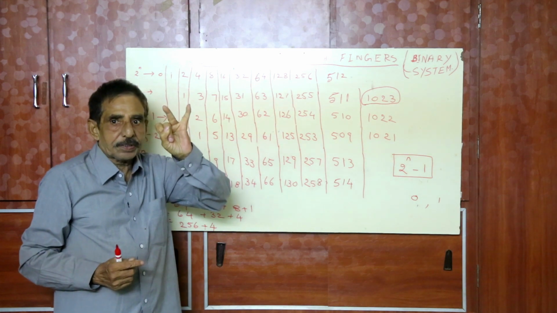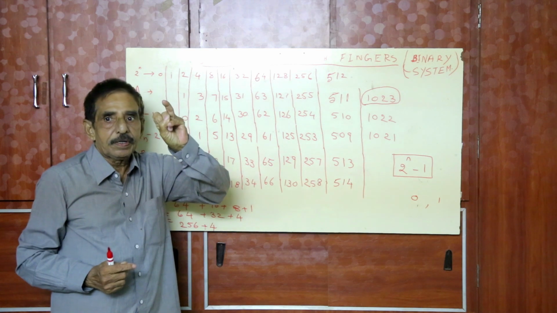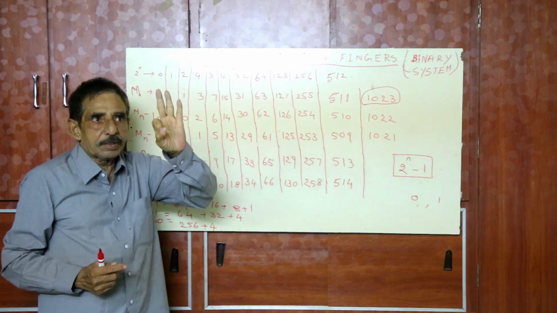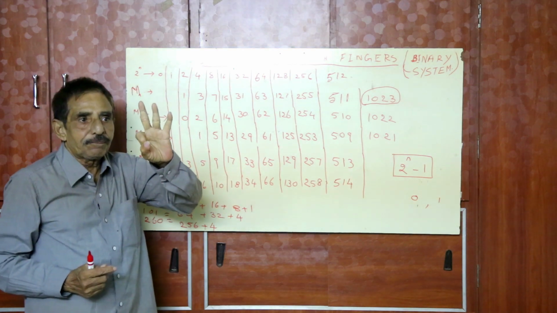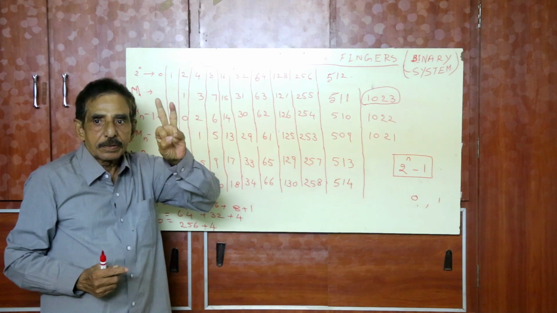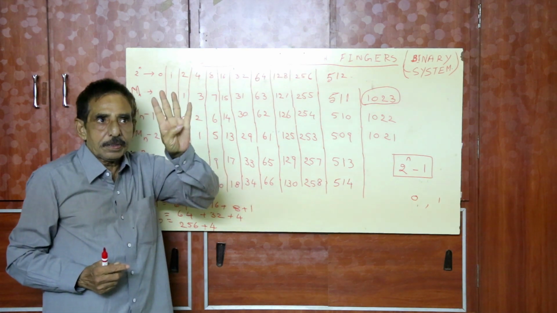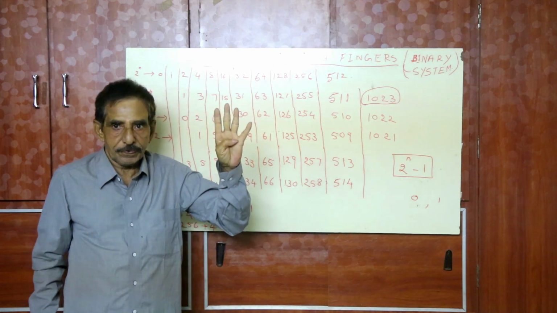These 2 fingers represent 3. If you fold this finger, this represents 2. These 3 fingers represent 7. If you fold this finger, that represents 6. These 4 fingers, if opened, represent 15.